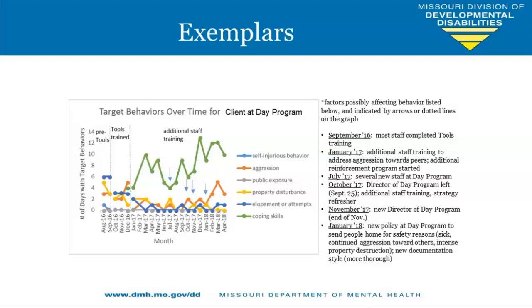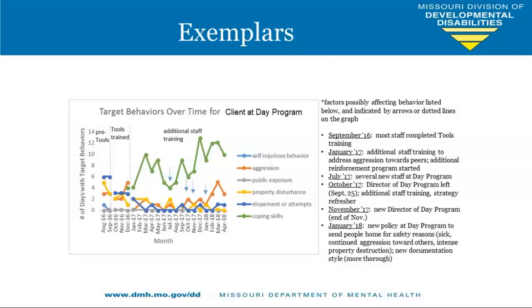We've got the target behaviors as self-injurious, aggression, public exposure, property disturbance, elopement or attempts. And we can make the leap that all of these are being addressed by the use of coping skills. So we've got them also color-coded, which helps us to understand.